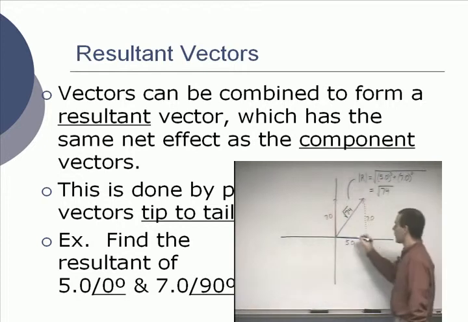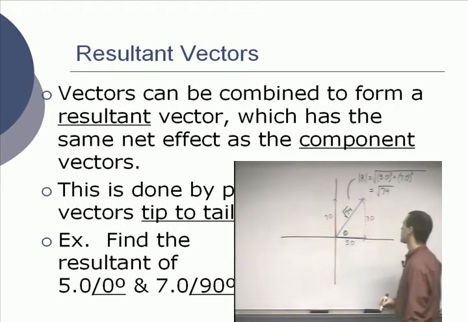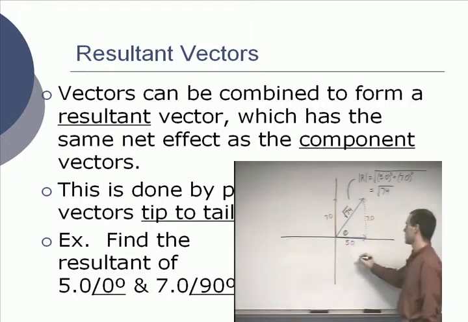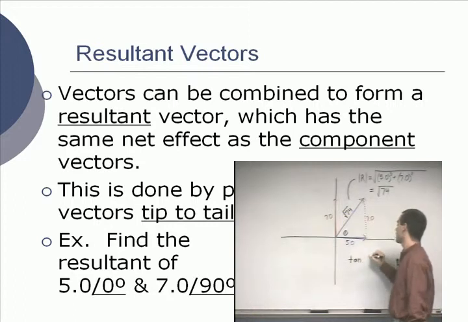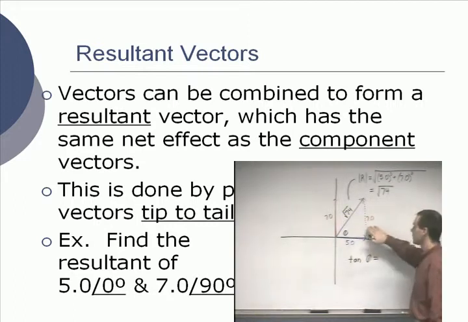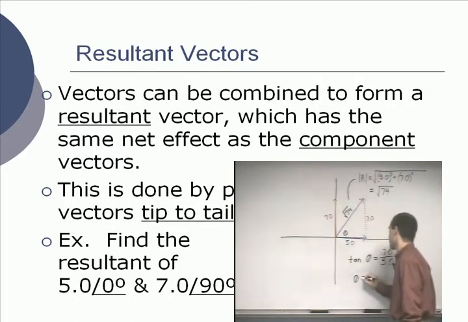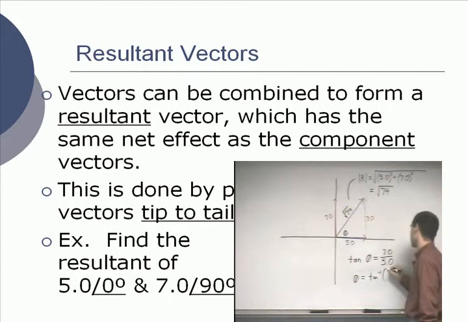And the direction, well, the direction is just our angle reference to the x-axis. We've done all the trigonometry, so we're going to use tangent. The tangent of theta has got to be 7 over 5. And if you work that out, then theta is going to be inverse tangent, which turns out to be, we'll typically work in degrees with vectors, though we wouldn't have to, 54.5 degrees.